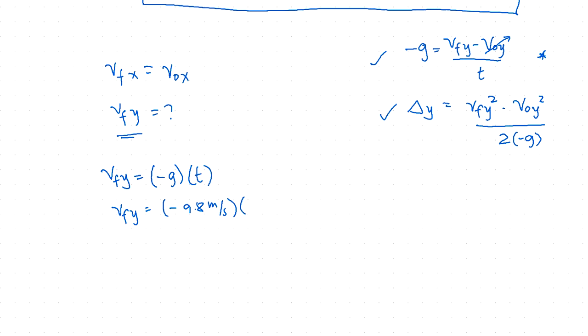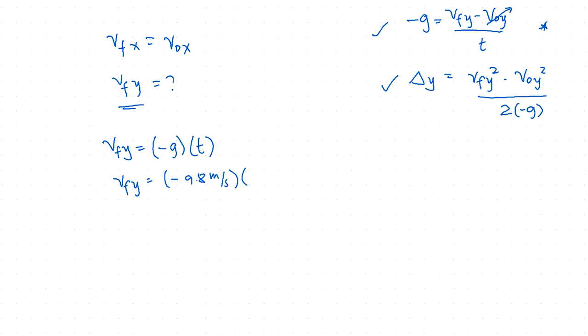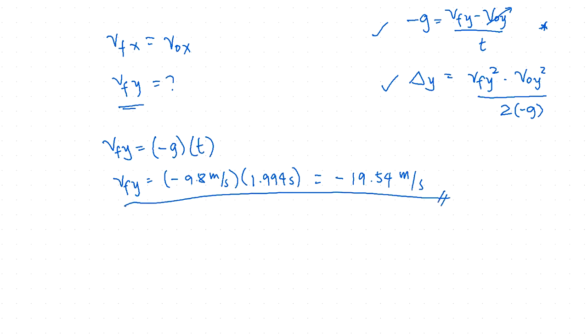So, ilang seconds tayo? 1.994 seconds. So, the final velocity that we can get is negative 19.54 meters per second. So, meron na tayong final velocity sa y, meron tayong initial velocity sa x na 24.1 meters per second.